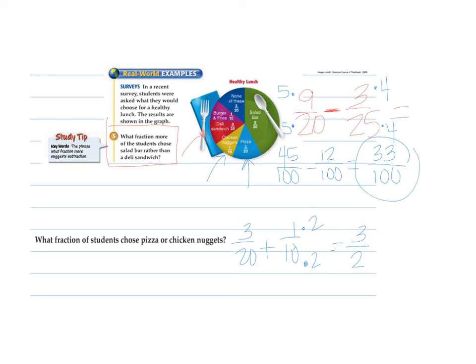So 3/20 plus 2/20, we have 5/20. And then I can divide both my numerator and my denominator by 5 to get it in simplest form. So I would end up with 1/4. So 1/4 of the students picked pizza or chicken nuggets.